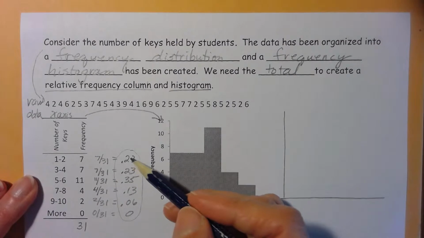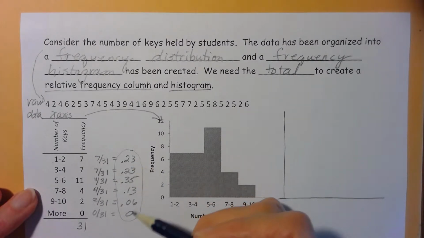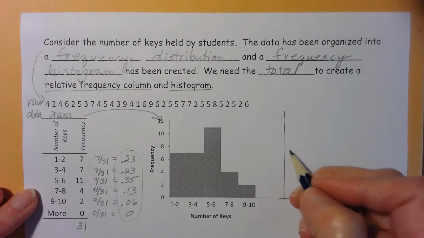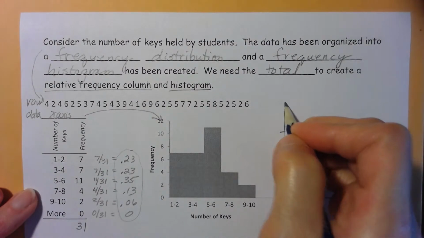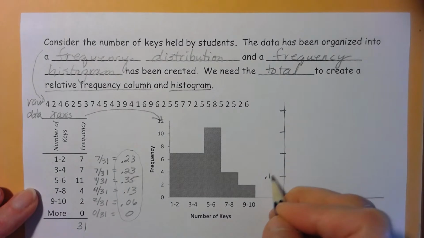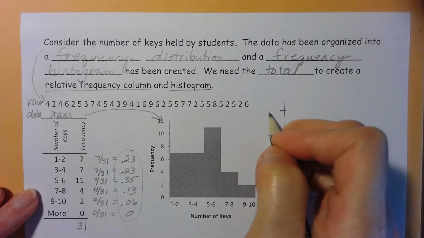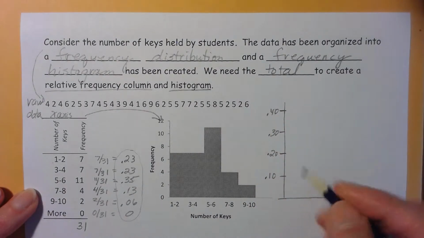So we can see that our proportions, our relative frequencies, are anywhere from 0 up to the highest one of 0.35 or 35%. So I want to go ahead and break this into fourths here and maybe label 0.10, 0.20, 0.30, and 0.40. So I'm just kind of breaking this into increments.